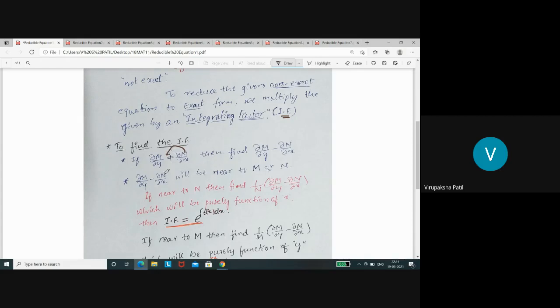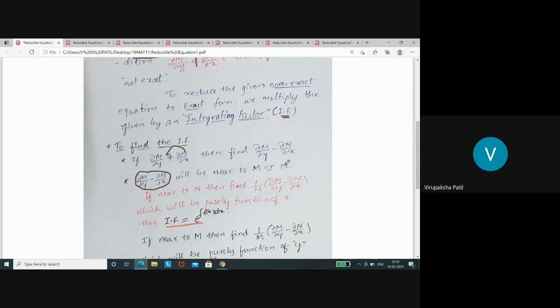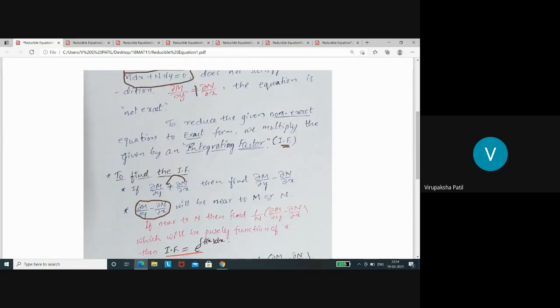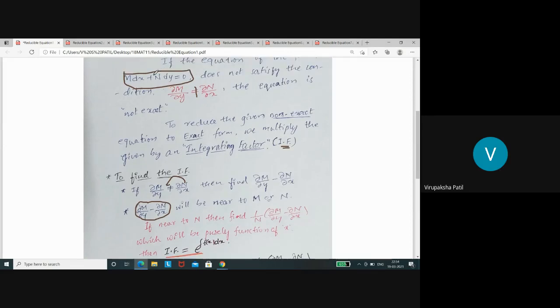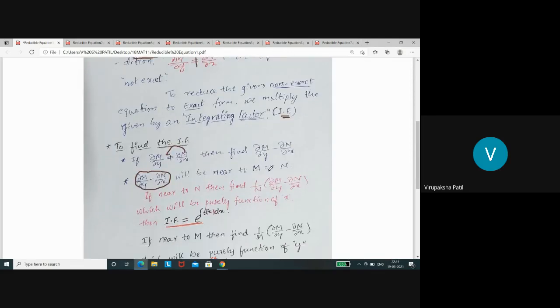Now, after finding this quantity ∂M/∂y minus ∂N/∂x, it will definitely be near to one of the quantities. Either it will be near to the coefficient of dx, or near to the coefficient of dy, that is, near to M or near to N. Now if it is near to the coefficient of dy, that is N, then we need to find one more quantity, which is 1/N into (∂M/∂y minus ∂N/∂x), which will be a function of x only.